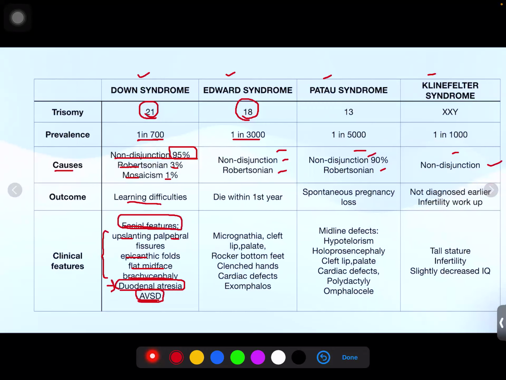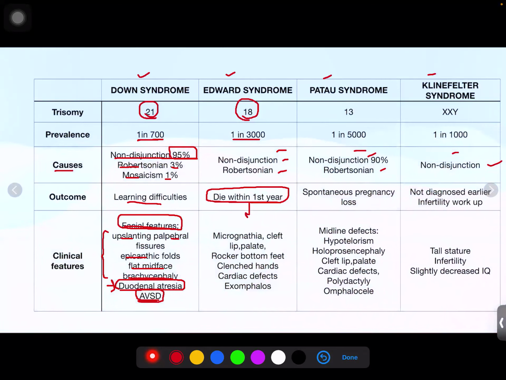There are more chances that they die in utero. But if they are born alive, they will very likely die within the first year, even within months. Most die within months. So Edward syndrome does not have a good outcome.